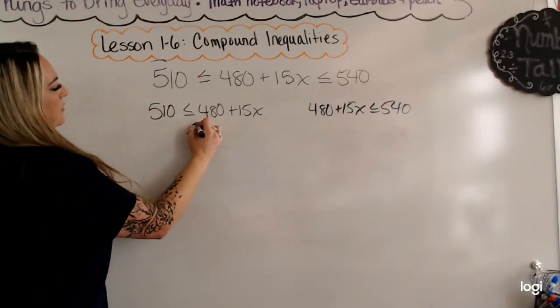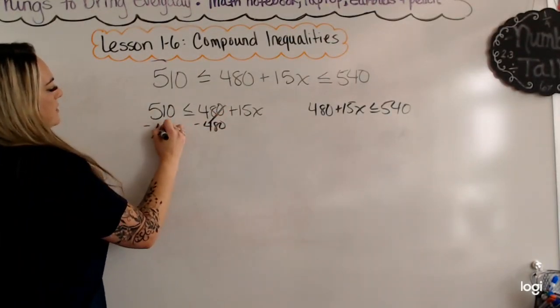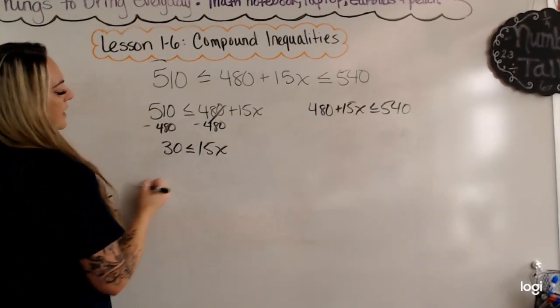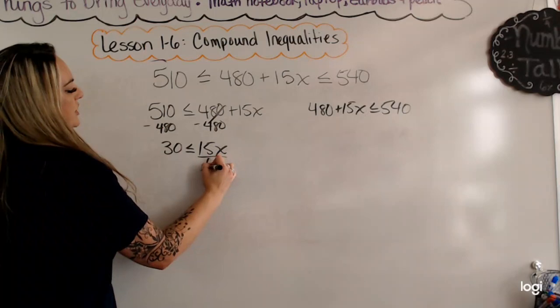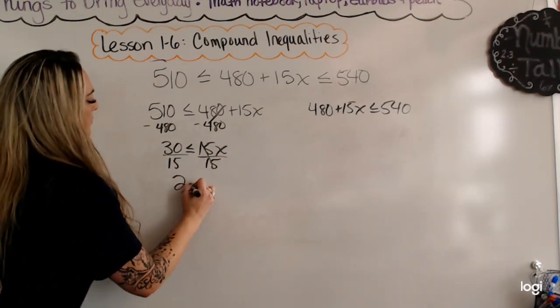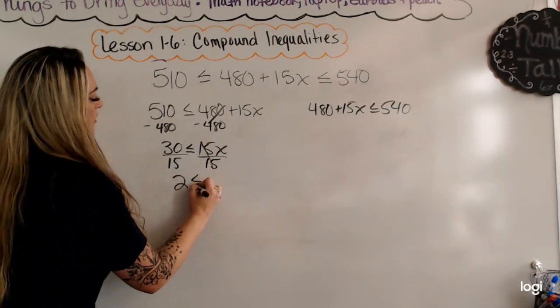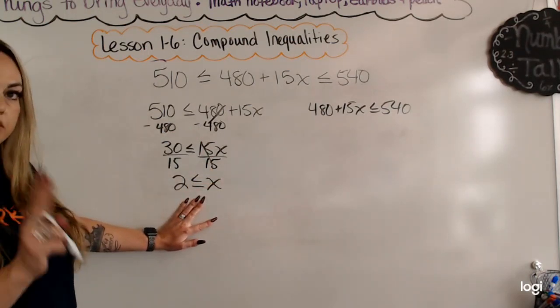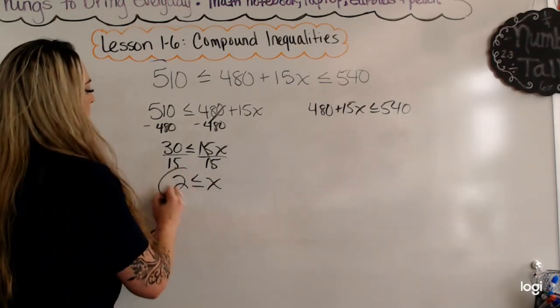So step one, we're going to subtract 480 from both sides. We get 30 is less than or equal to 15x. And so if she is eating 510 calories, this means that River can have 2 of her treats. Okay?